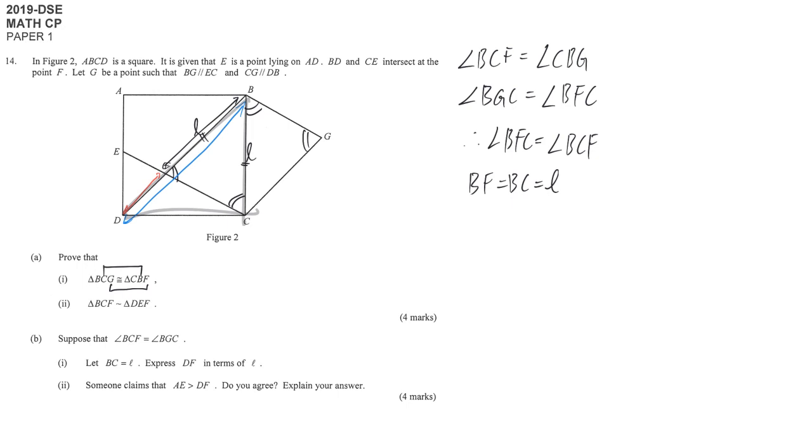And then we start calculating BD. BC square plus DC square is equal to BD square. So L square plus L square equal to BD square.